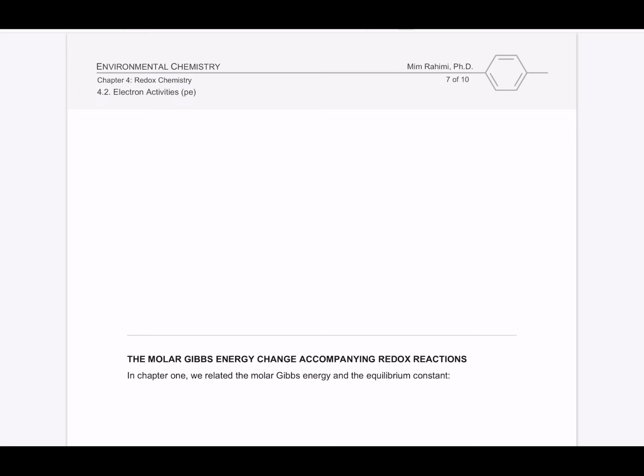So combining the first two, as you might guess, PE of reaction would be PE0 of oxidation minus PE0 of reduction minus 1 over N1 log of A over B minus 1 over N2 log of C over D.